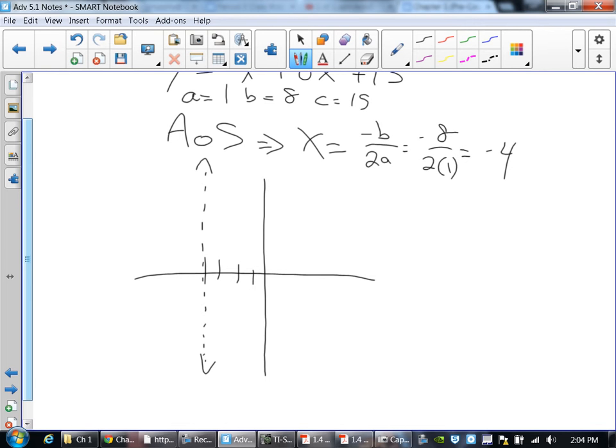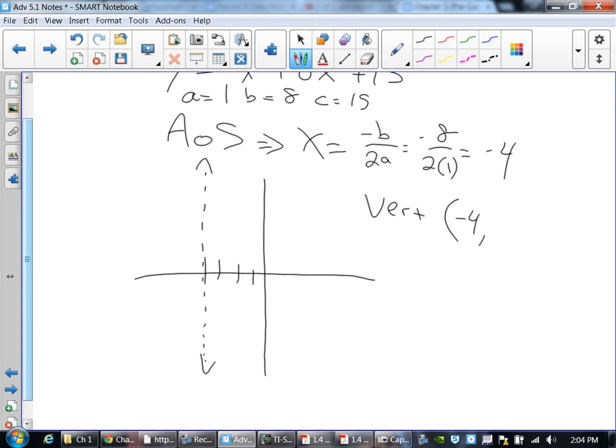The vertex of every parabola lies on the axis of symmetry, which means you already know what the x-coordinate is for this parabola. It has to be negative 4. The vertex will always lie on the axis of symmetry.